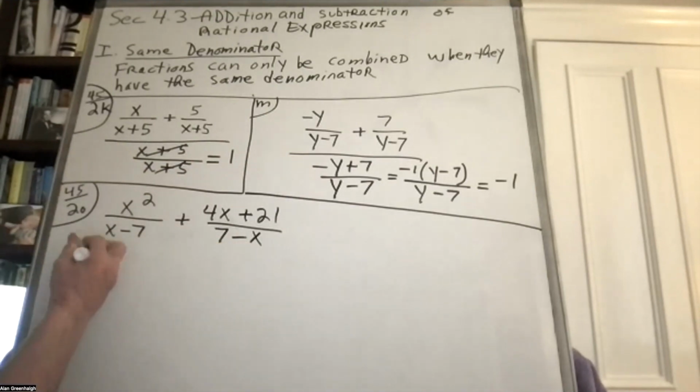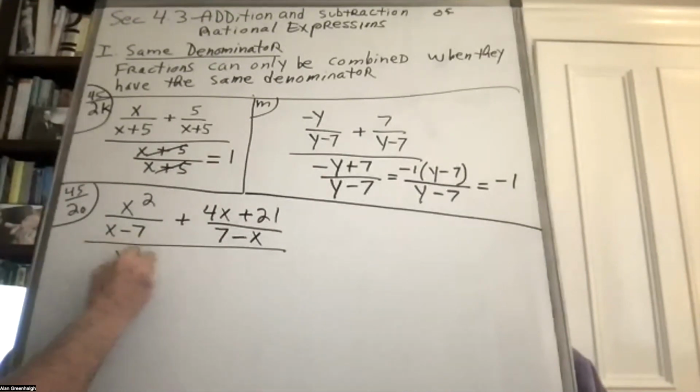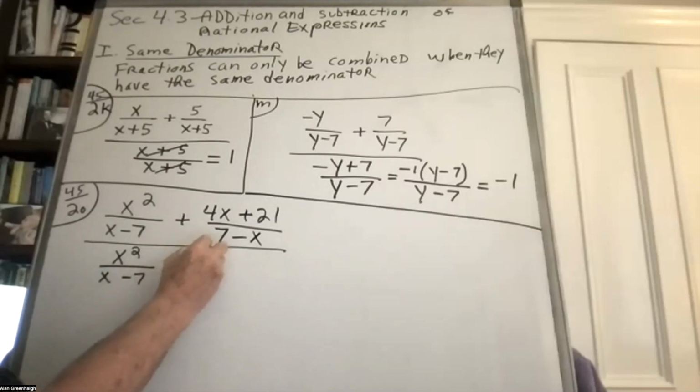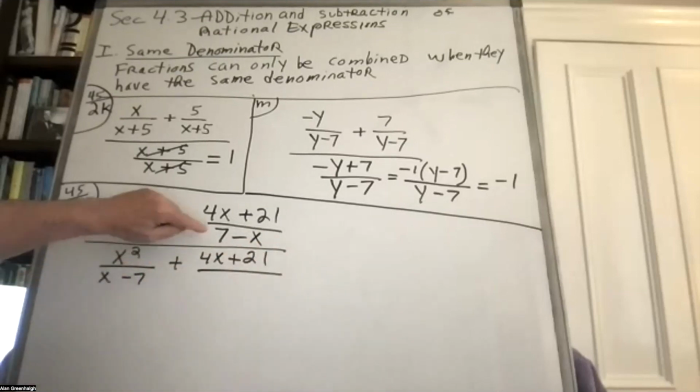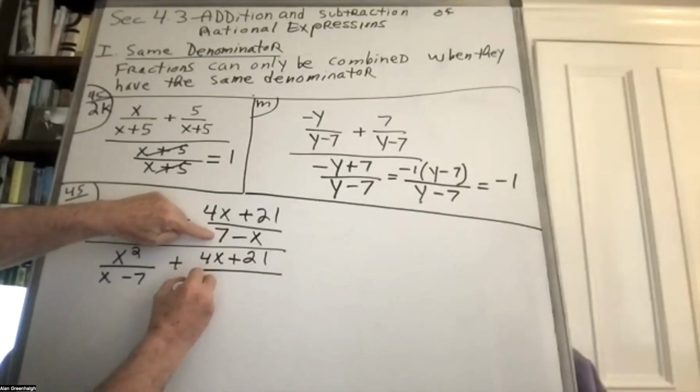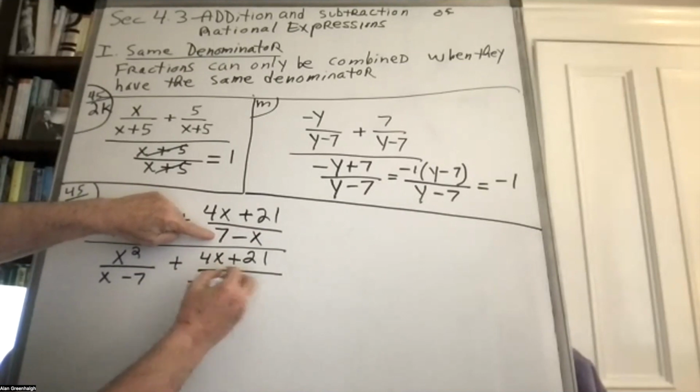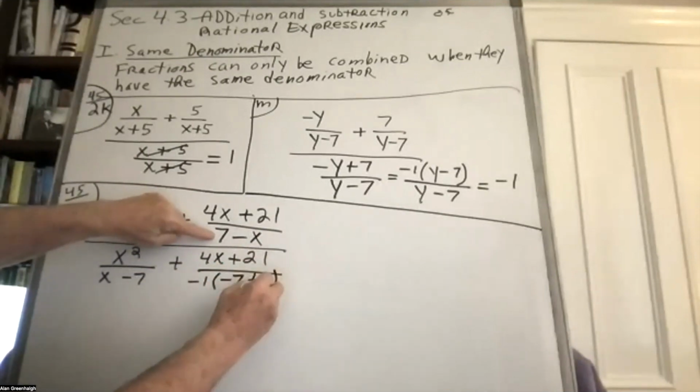Therefore, it's to your benefit to brainstorm with this and see what makes sense. And what makes sense is that you want to factor out a negative here. So you factor out a negative 1, and that'll leave you with negative 7 plus x.